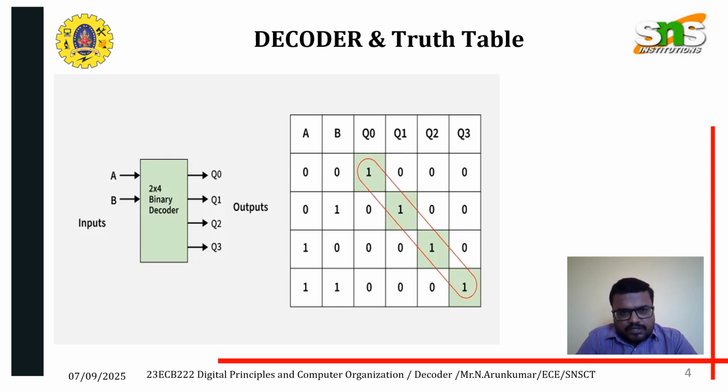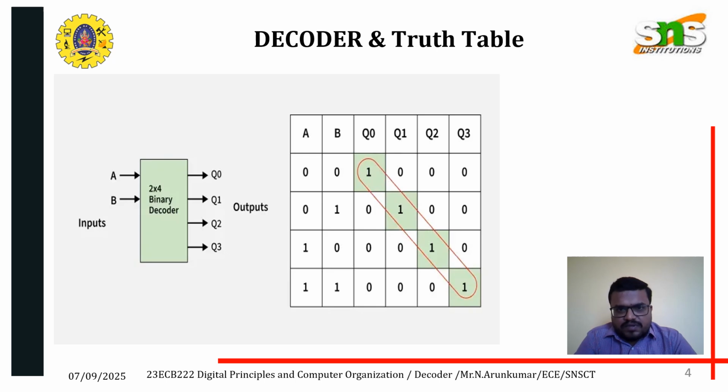In this we are using two inputs, so 2 bits, so that 2 power n equals 4, so the 4 outputs are Q0, Q1, Q2, Q3. Let us consider the basic binary numbers for 2 bits: 0 0, 0 1, 1 0, 1 1. The outputs are Q0, Q1, Q2, Q3, and the concerned output value is generated as 1.